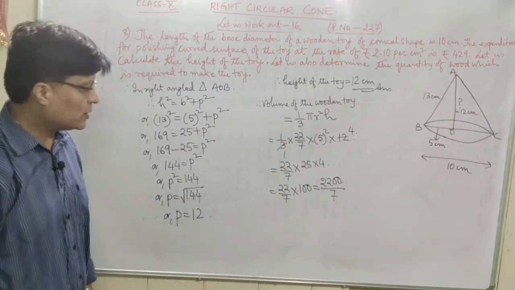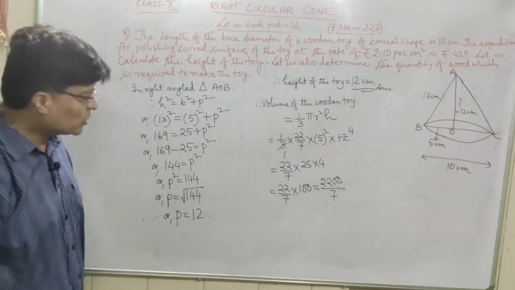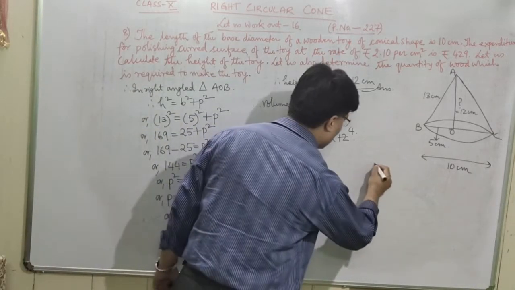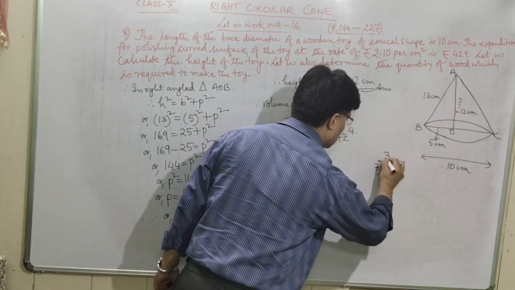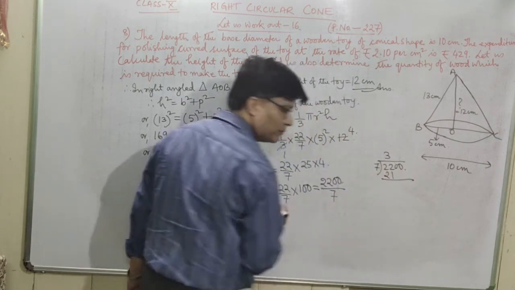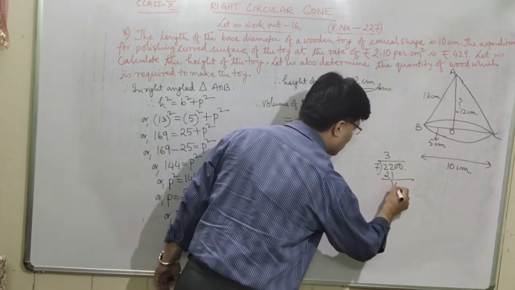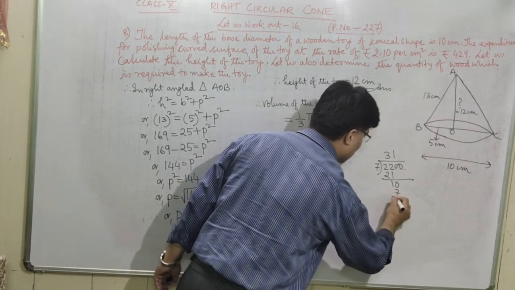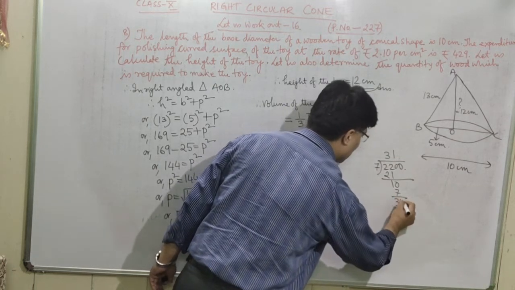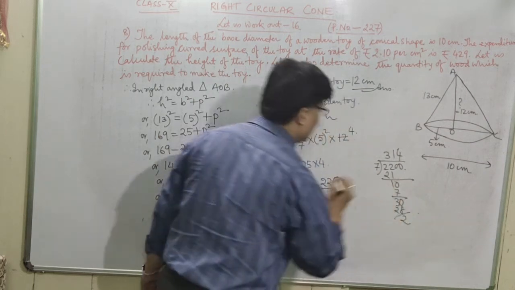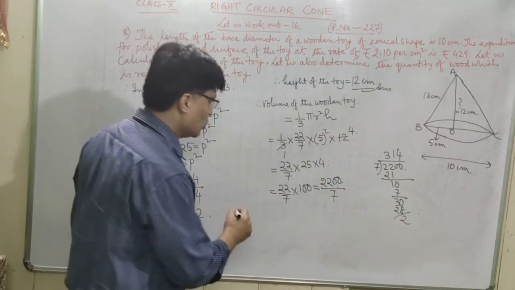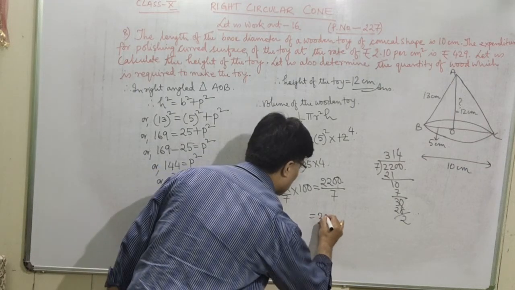So I think I have understood it. So let us divide this 2200 by 7. 7 threes are 21. 2 minus 1 is 1, 0, 7 ones are 7, 10 minus 7 is 3, 0, 7 fours are 28. What is the remainder? Remainder is 2. So which is equal to this is 314.